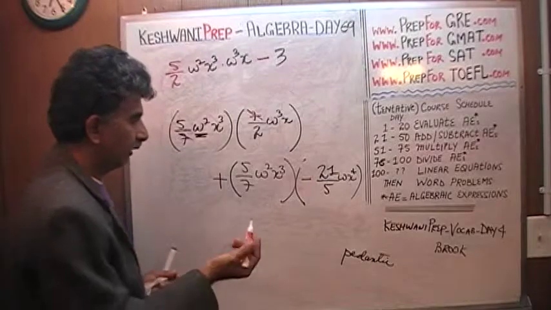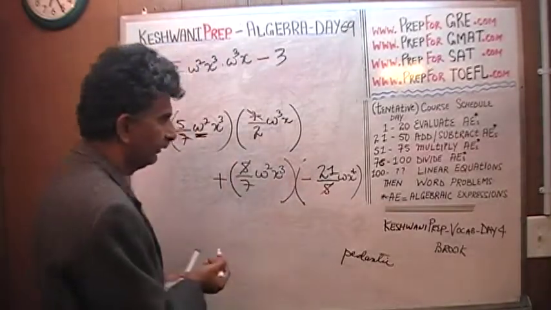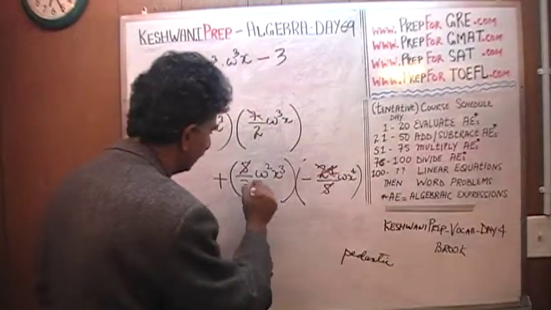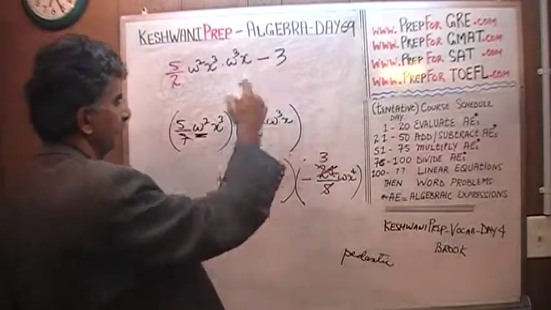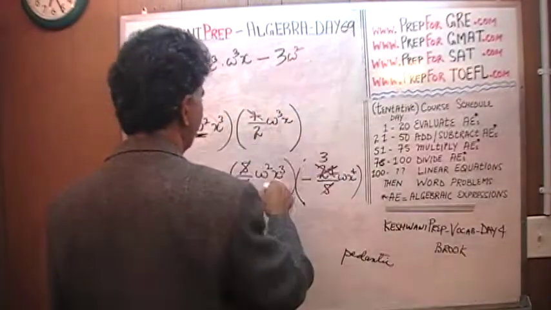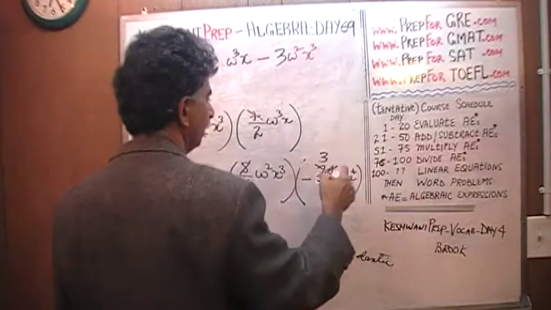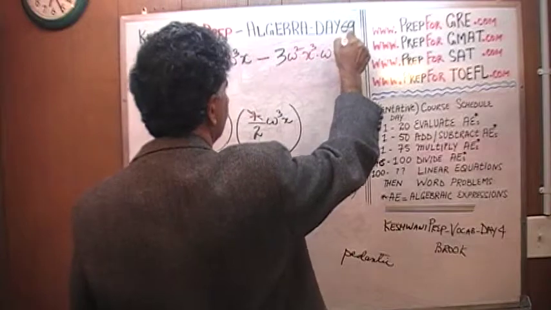So you should be able to do whatever we just did, even though they are far apart. This 5 cancels out this 5, and this 21 is going to divide by this 7, making it a 3. That's what that is. Then we have w squared x cubed times w times x to the 4th.